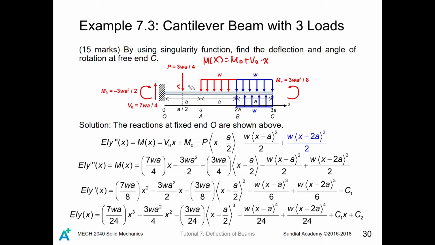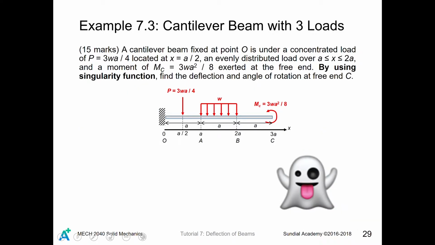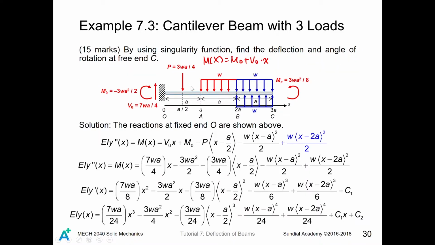After that, we move our concentration to behind this single load P. We cut the beam over there and consider the moment here. Still, this moment is going to cancel the moment generated at the fixed end. Another thing is that from a over 2 to a, you will have another load to cancel, which is P equals 3wa divided by 4.